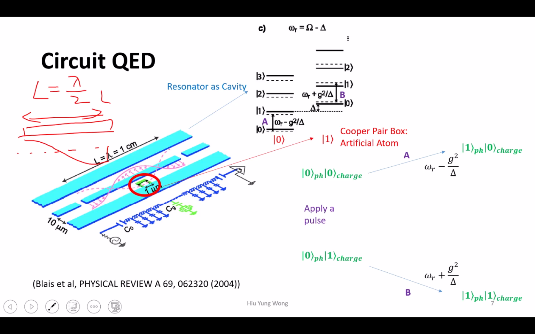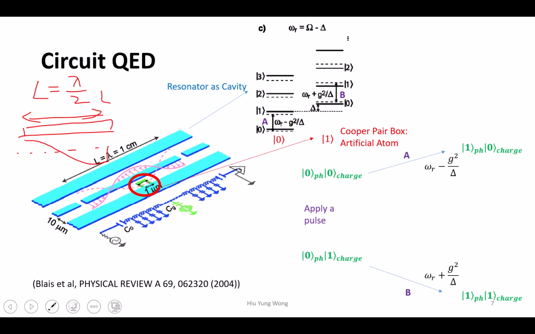If you put two Josephson junctions in a loop and pass flux through, you can tune the Josephson junction energy. Remember, the Josephson junction energy determines the inductance and thus the resonant frequency. But that's all I want to say.